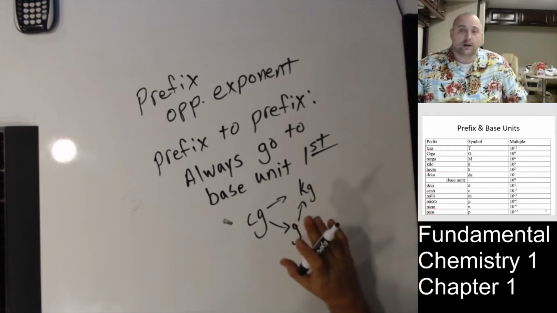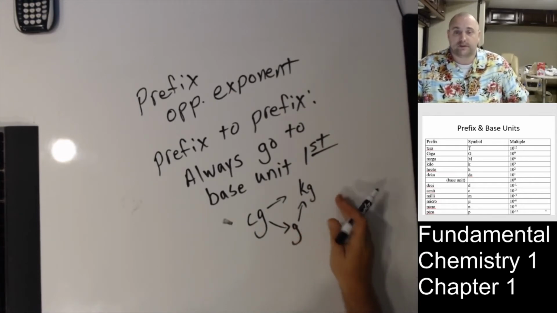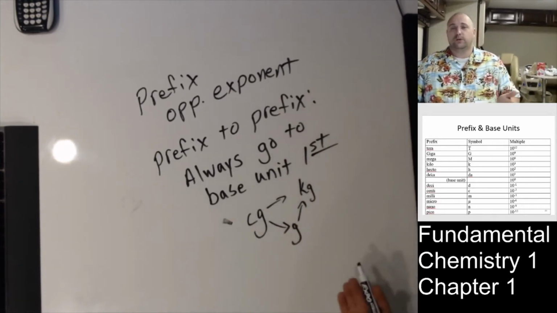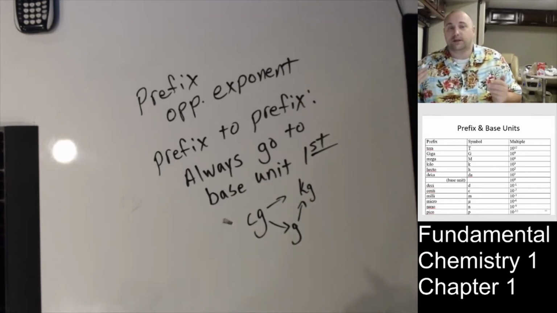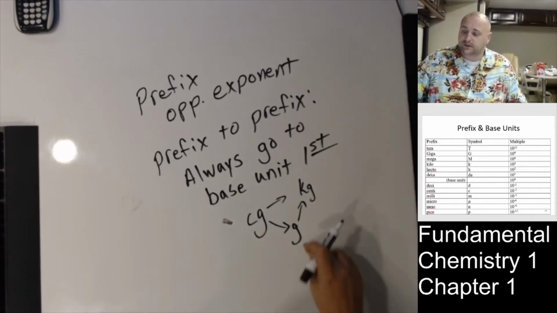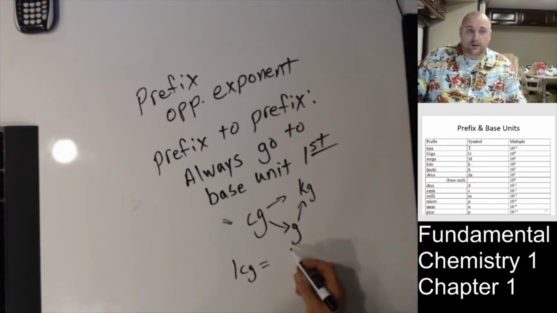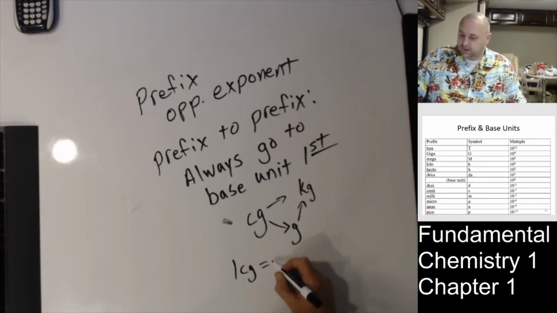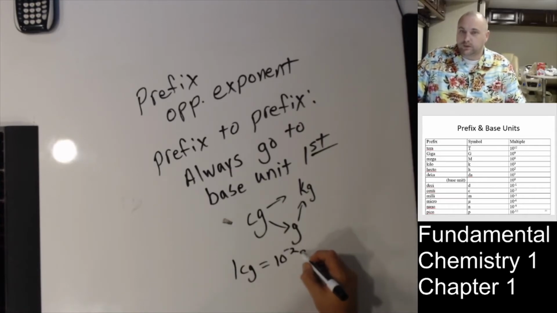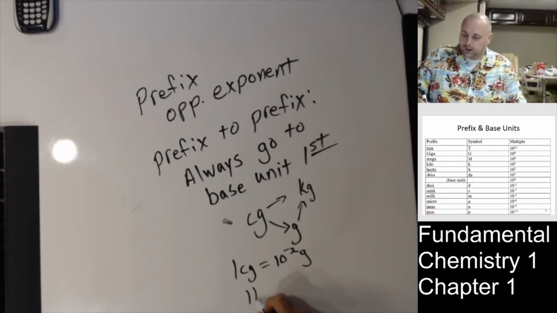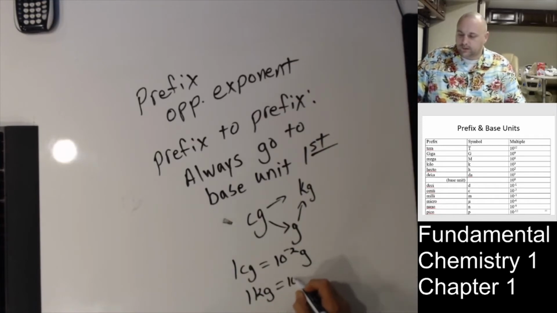And the math on it works out exactly the same. If I showed you that way, you would be doing the same exact math, typing the same thing in your calculator. It's just easier when we write this out to think of it as going 1 cg, and looking up the centi, is 10 to the minus 2 gram. And 1 kg is 10 to the positive 3 grams.